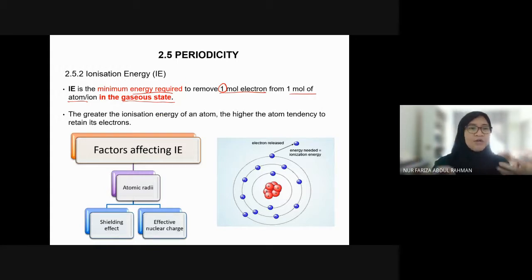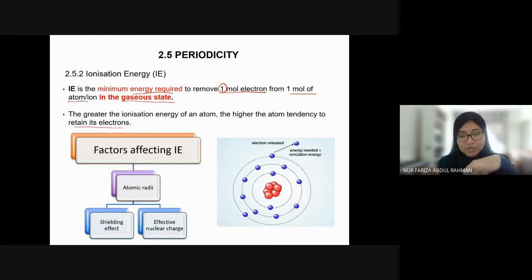Okay. Alright, so that is the definition of ionization energy. Minimum energy required to remove 1 mole electron from 1 mole of atom or 1 mole of ion in the gaseous state. Okay, alright, so the greater the ionization energy of an atom, the higher the atom tendency to retain its electron. Okay, alright, maksudnya if the ionization energy is higher ataupun greater, what does that mean? Apa maksudnya? Maksudnya, more energy is needed to remove the electron from the atom.